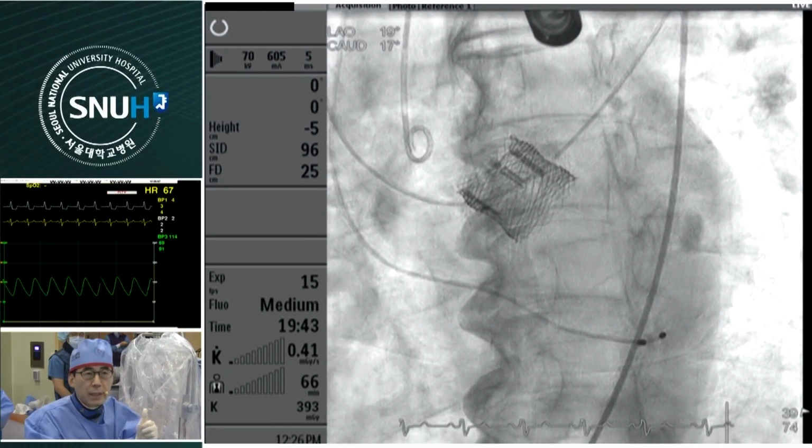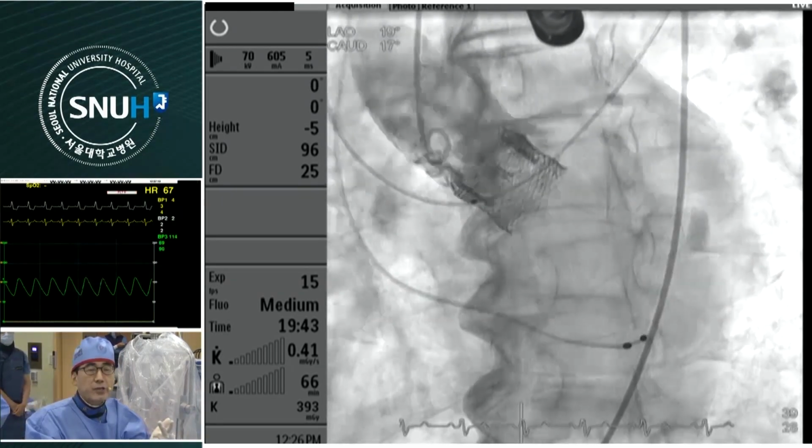The first one, we have to choose the appropriate size. Second one, ventricular depth is very important. Third one is the safety issue, especially for the aortic wall, because of the thick, very firm, rigid delivery system.